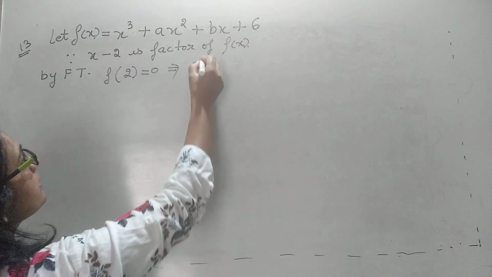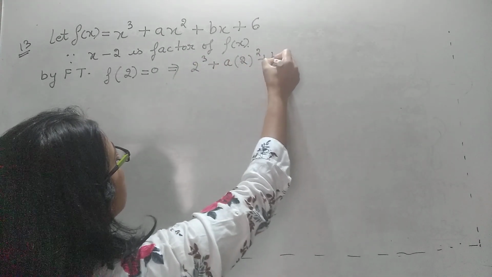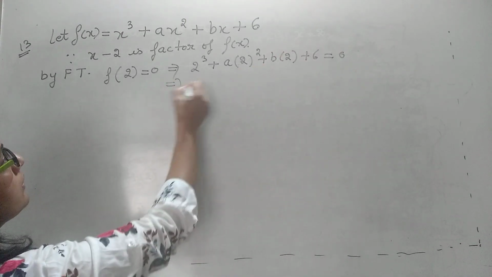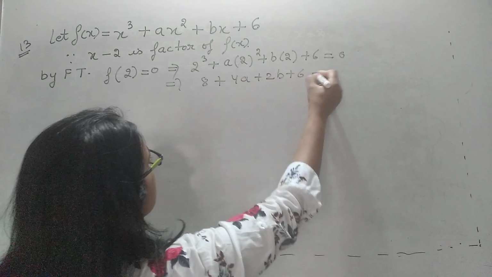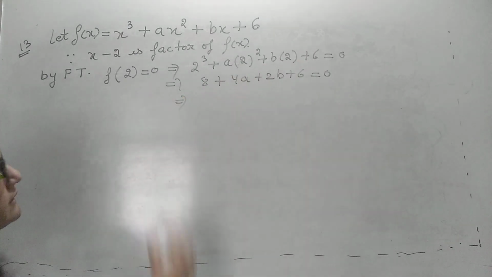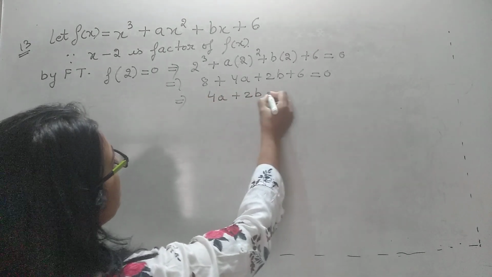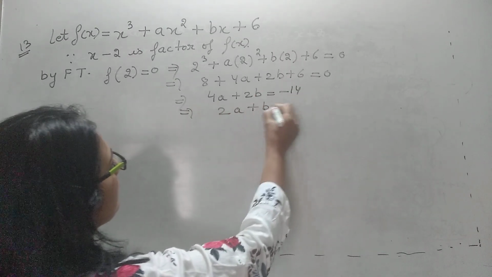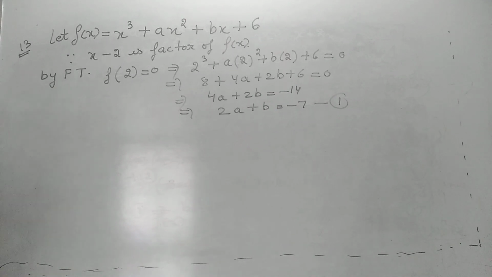Let us solve it. In place of x, we will write 2. 4a plus 2b plus 6. Hence, 4a plus 2b, this is one equation we have got.